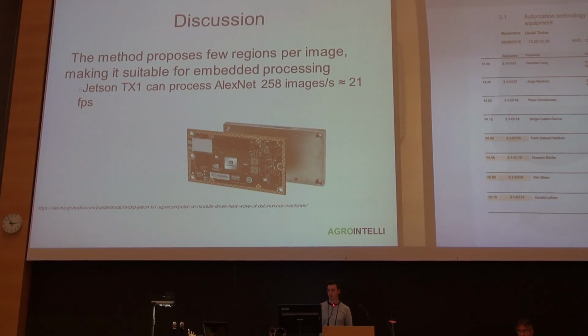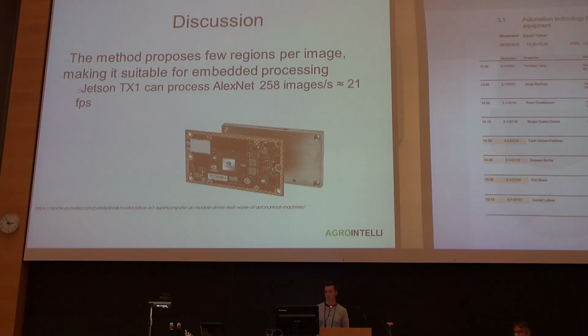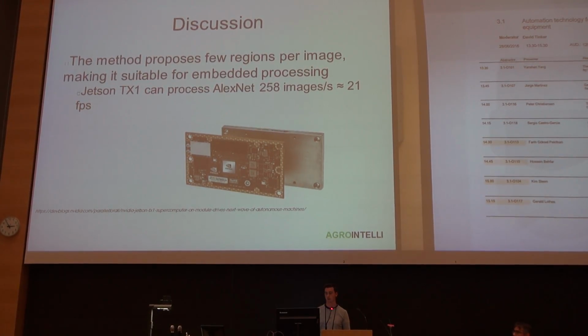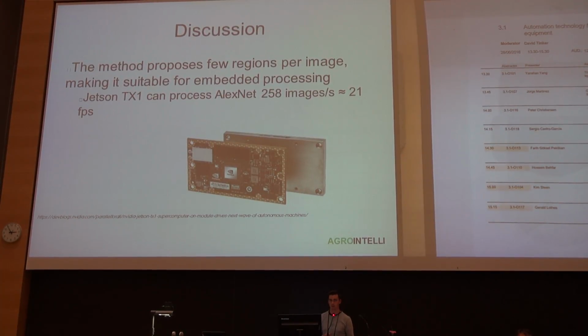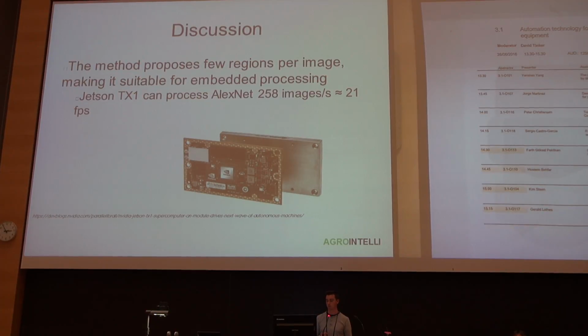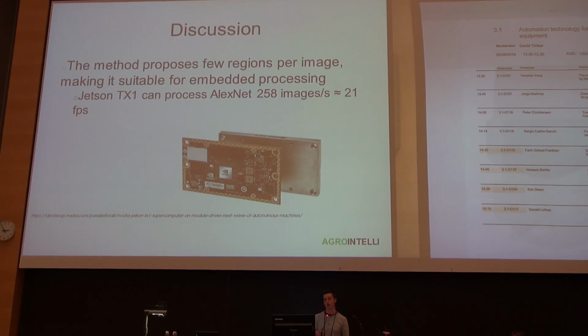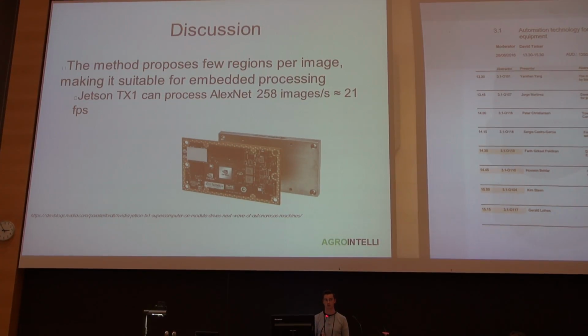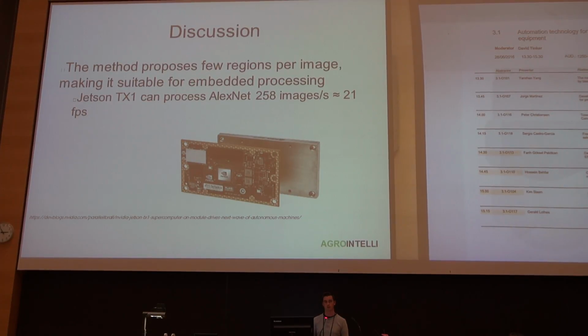Furthermore, these models are able to run on embedded hardware. This is the Jetson TX1 from NVIDIA, and it can run 258 images per second. Meaning that if we propose 12 regions per image, we can achieve about 20 frames per second.